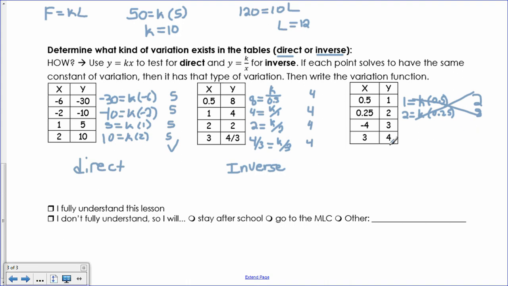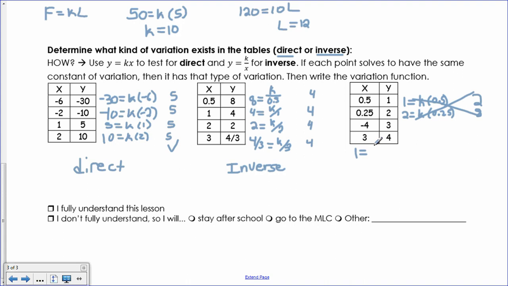Now, if it fails one test, you cannot just assume that it must be the other one. So even though this failed the direct variation test, I cannot assume that it's inverse variation. Right? Because remember, one of our options is that it's neither. So if you fail one test, you still need to check the other one because it may fail that one too. So if we check to see if it'll work for inverse, I'm going to go back to the first point.